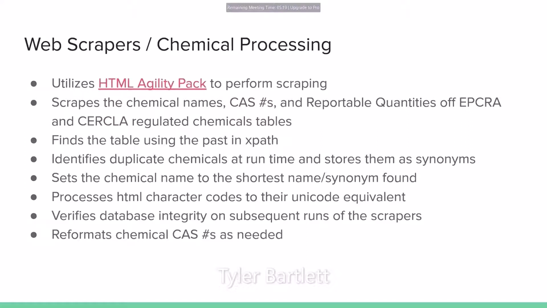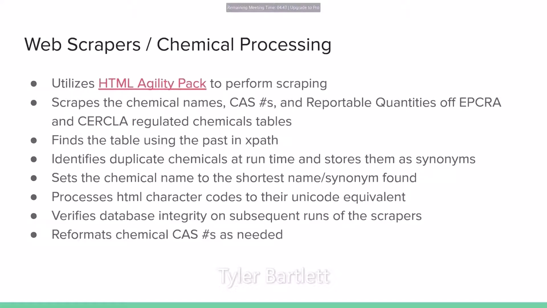An example of that would be showing a chemical's common name and its chemical makeup name. So that was the same substance that we were concerned about, and we didn't need to show them separately. So we designed it to mark that as a synonym chemical in our database and save it to the chemical that was already existing under that same CAS number and reportable quantity.